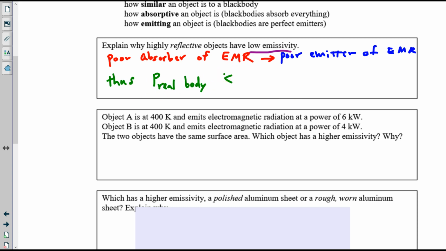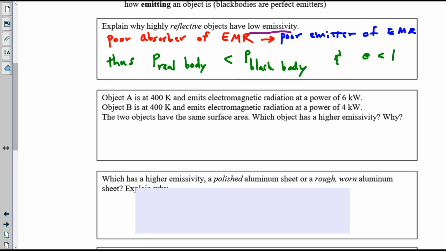So this value will be much less than the power of a black body, which means emissivity is less than 1. Again, the crucial fact, if you can't absorb much radiation, then you won't be able to emit much either. That's something we have just learned. And that leads directly to this conclusion.